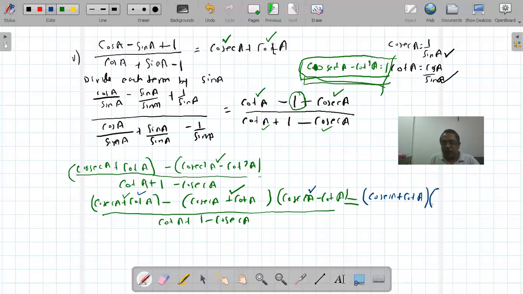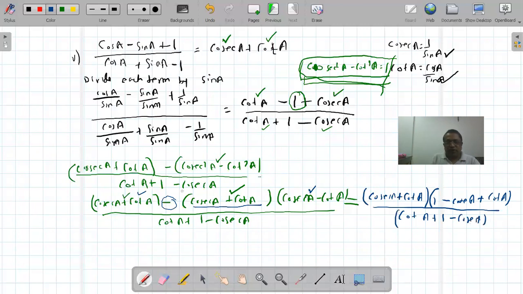So what is left here is 1 minus, this is already taken out. Cosec A plus cot A, this value is already taken out. So what is left here is cosec A minus cot A, but there's a negative sign outside. So this minus and this cosec will become minus cosec A, and minus the minus cot A is going to become plus cot A. Upon denominator as it is, cot A plus 1 minus cosec A.